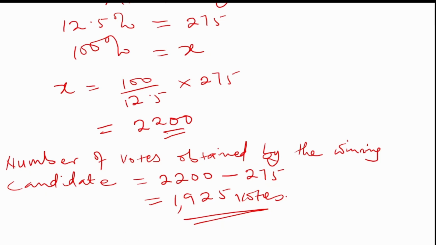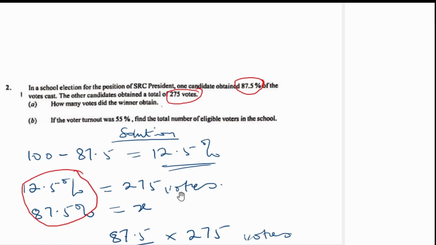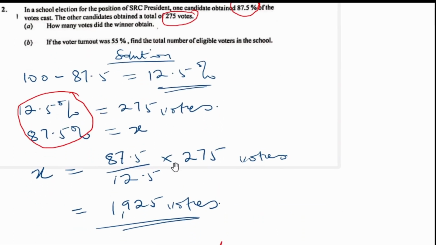Right, so that is how to find this. You are still using proportion, whether you find the 87.5% directly or you find 100% and then subtract the 12.5% of the vote.